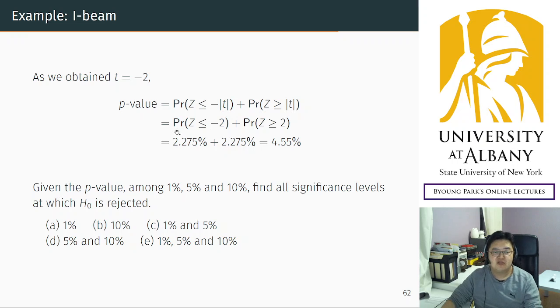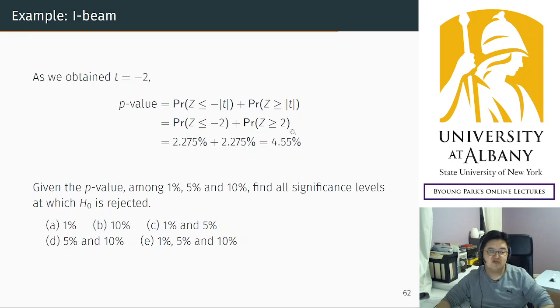So the probability on each side is 2.275%, on the negative side and on the positive side, so the sum is 4.55%. So this is the p-value approach, which means if you use software based on the p-value approach, you are going to get this result from the data.